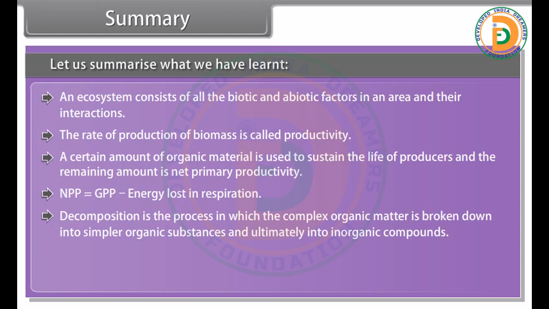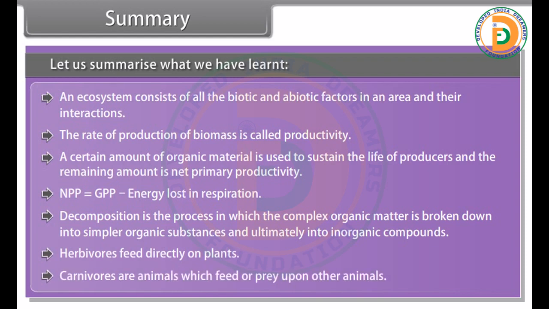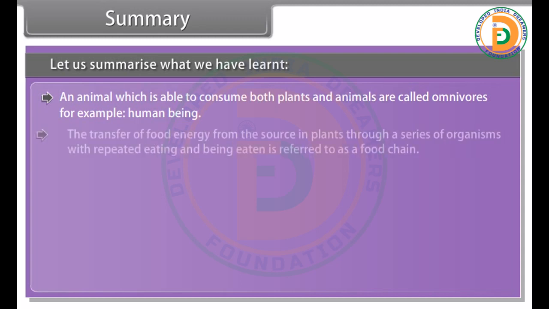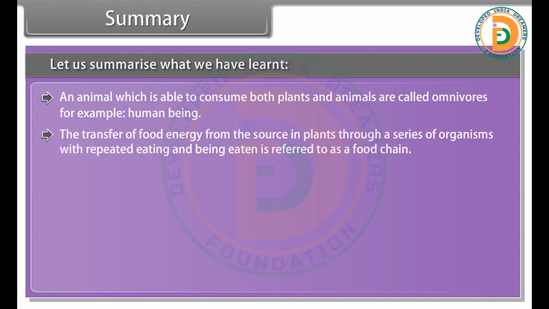Herbivores feed directly on plants. Carnivores are animals which feed or prey upon other animals. An animal which is able to consume both plants and animals is called an omnivore, for example, human being. The transfer of food energy from the source in plants through a series of organisms with repeated eating and being eaten is referred to as a food chain.